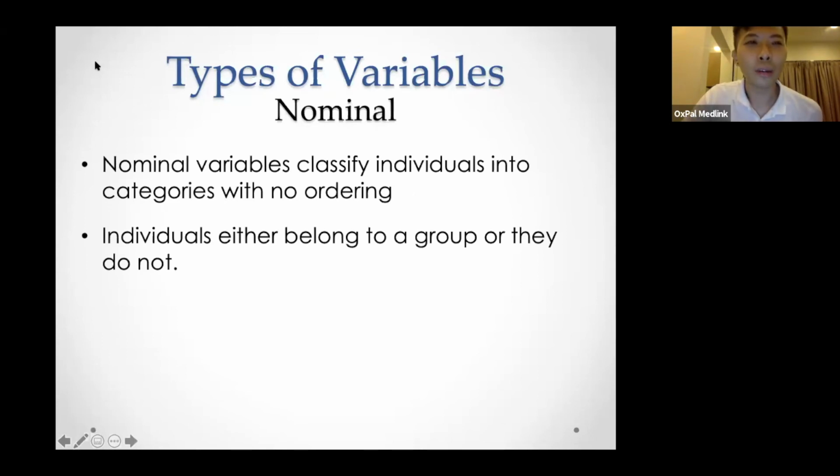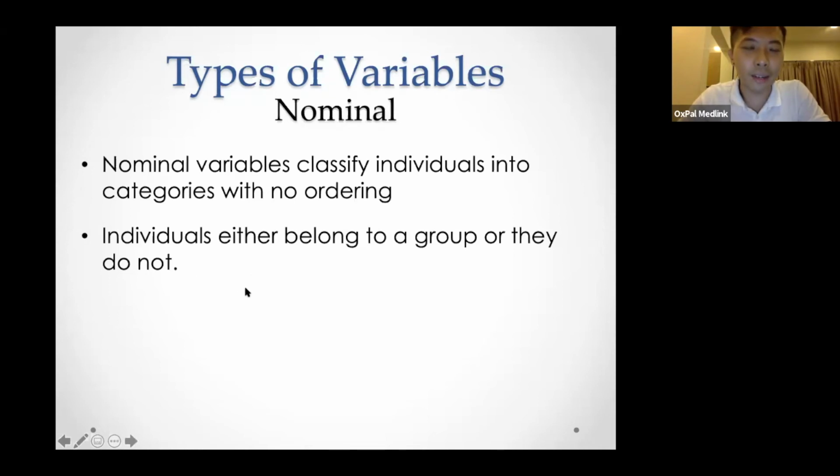So let's delve into the four different subcategories. The nominal, as the name suggests, comes from the word name. Nominal variables classify individuals into categories with no ordering, and individuals either belong to a group or they do not.